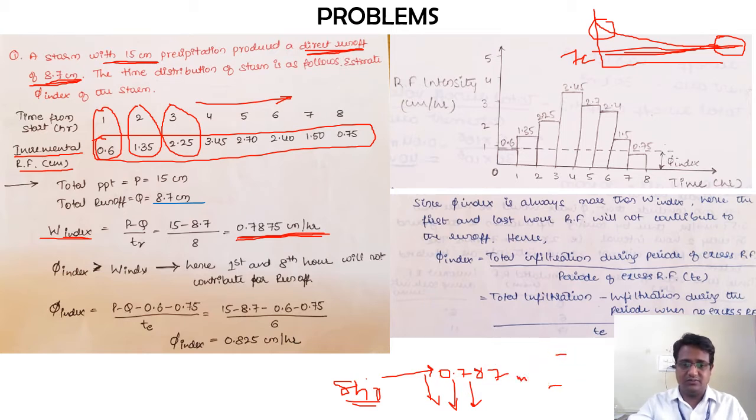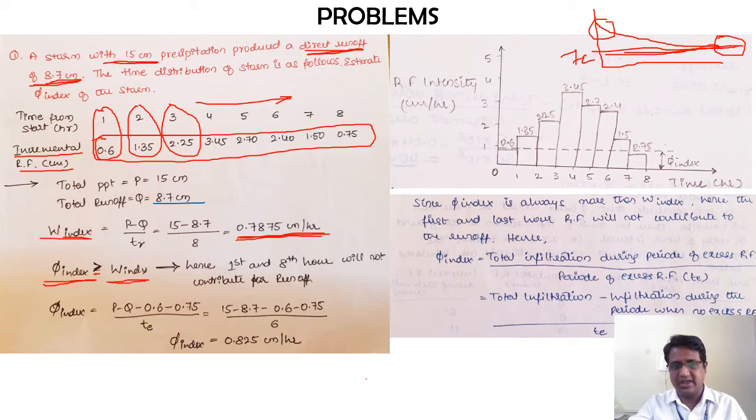Now, for the next part of it, phi index is always greater than W index. Okay, phi index is always greater than W index. So hence the first and 8th hour will not contribute to runoff. What do you mean by this? As per the theoretical bits that we have discussed, phi index is always greater than W index.